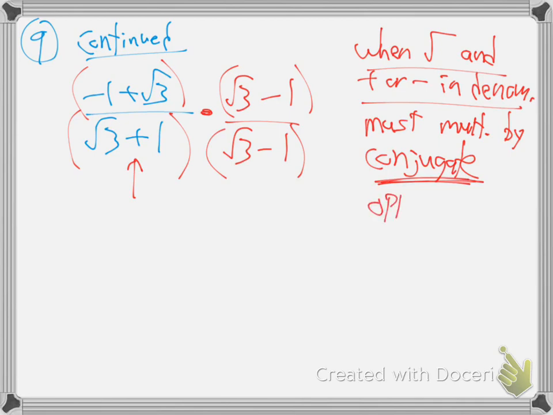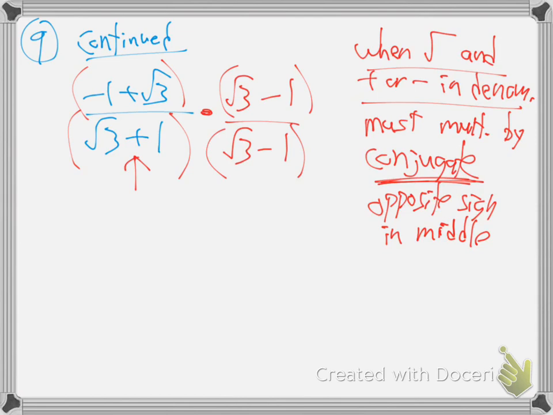The conjugate, which means opposite sign in the middle. So whatever sign's in the denominator, plus, then we use minus. If there had been a minus in the denominator, then I would use plus over plus. Remember that a little bit from algebra? It's called the conjugate. That's how you get rid of the root.